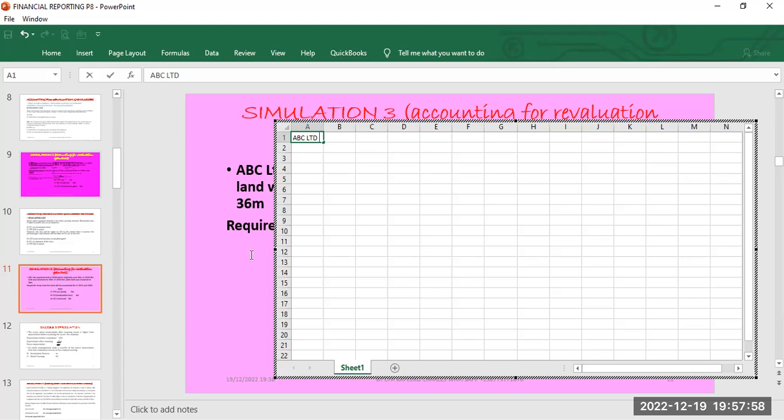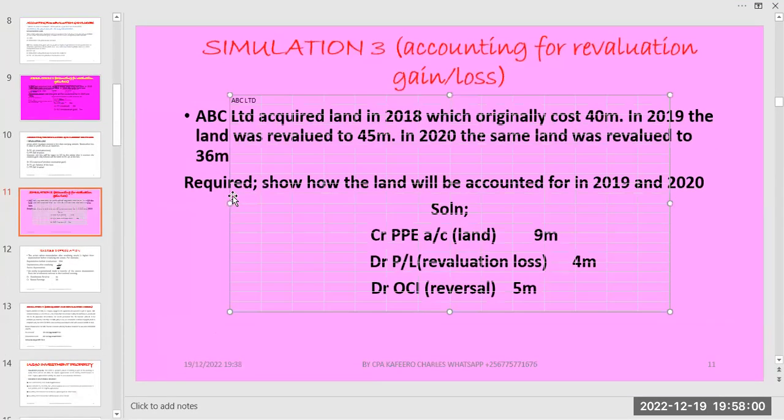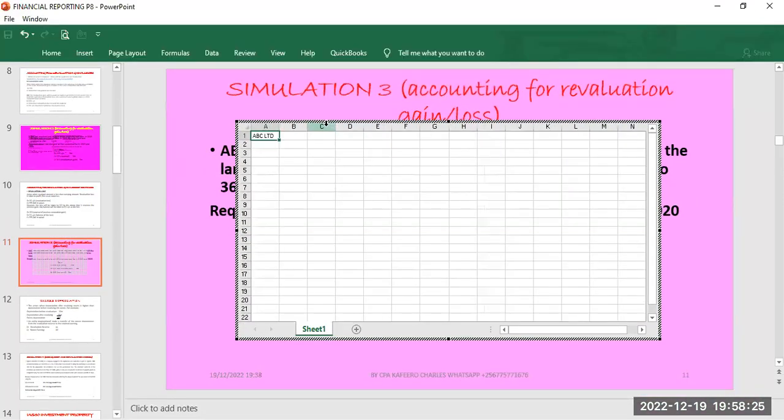The question requires us to show how the land will be accounted for in 2019 and 2020. I put in these solutions so that when you are doing them alone, you'll be able to follow up and have something that can guide you as you are doing these numbers. That's basically what we are going to be doing.